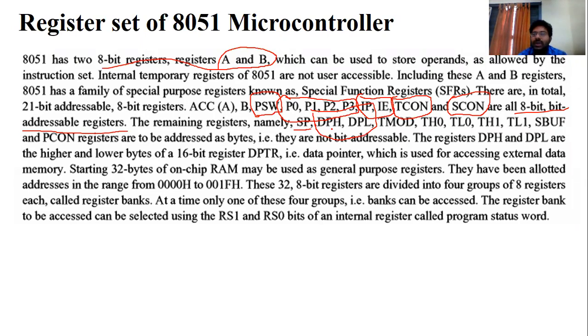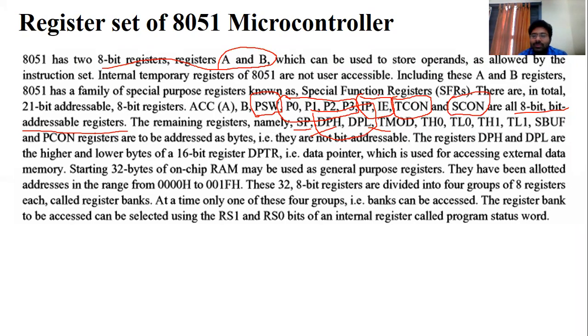This is actually a 16-bit register. This 16-bit register you are dividing into the higher order 8 bits as well as the lower order 8 bits. What is the use of this register? This register is used to access the external memory.